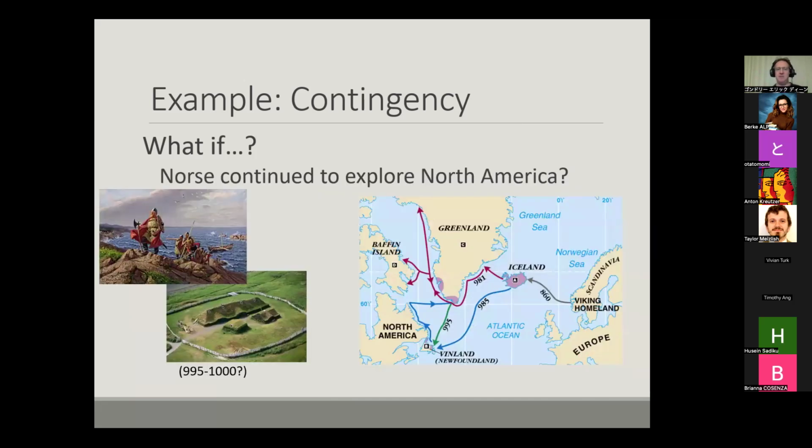Some of the first verified Europeans to visit North America were Norse out of Iceland and Greenland. And it was not a real serious attempt to explore North America. You can debate why, but what would have been the results if this had been more sustained?